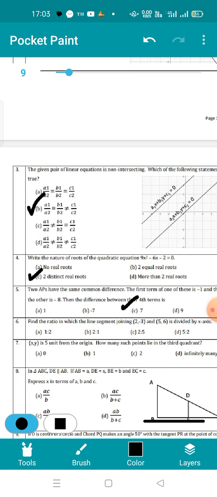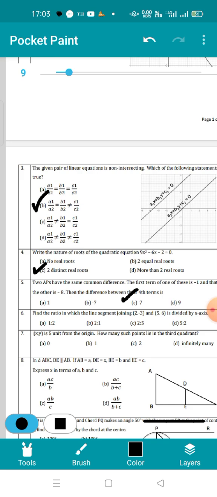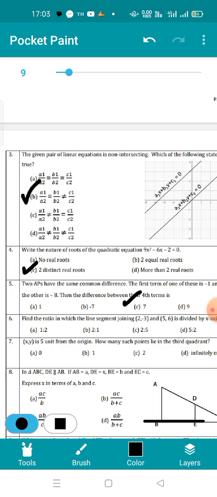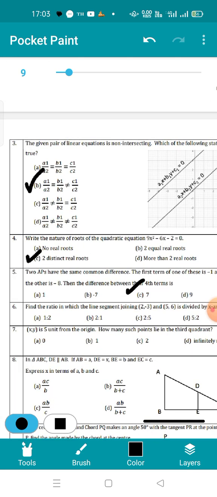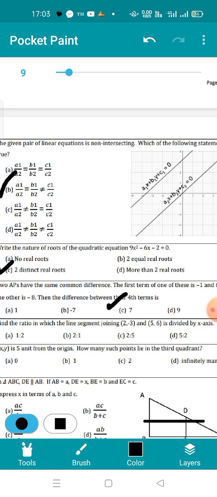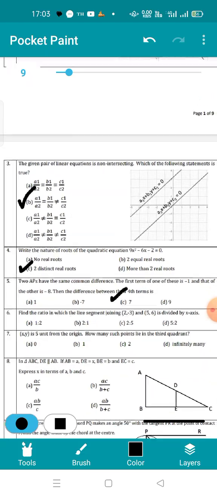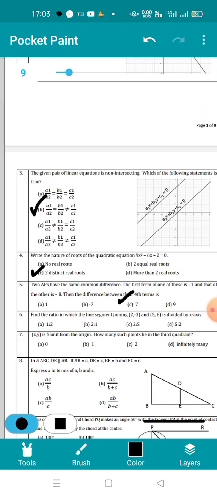If you do the fourth term of the second AP minus the fourth term of the first AP, you will get the answer as -7, and that is there in option B. So that will make you choose the wrong option. That's why it should be the fourth term of the first AP minus the fourth term of the second AP. In this way, you will get 7 as the difference between the fourth terms, and that is present in option C.